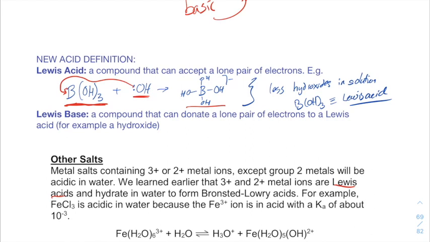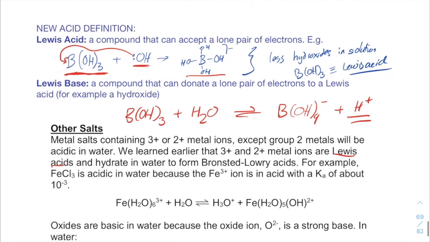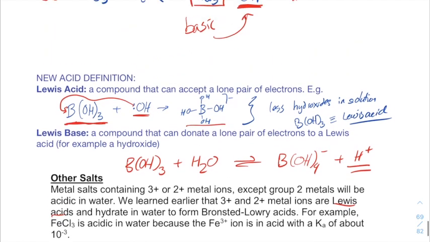If we put this into context with a reaction with water, what we're actually talking about is that this is going to form B(OH)4-, and H+ is the result. So it is an acid, right, because it has increased the amount of hydrogen ions in solution, and it has also removed the hydroxide from the solution. So that's also another way of being an acid. So that's an example of a Lewis acid. There are a couple other examples.